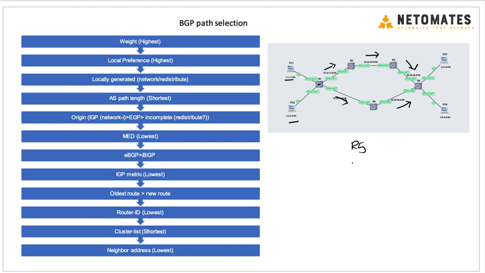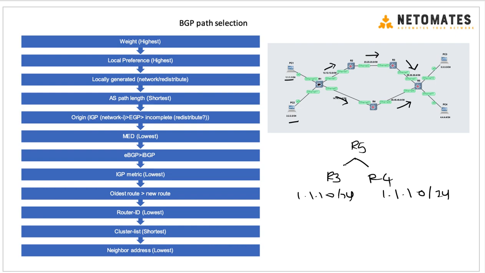So in R5, through the BGP process, it will learn about the PC1 and PC2 networks from two sources. It will learn that the /24 can be reachable from R3. Also, the same network can be reachable from R4 as well.